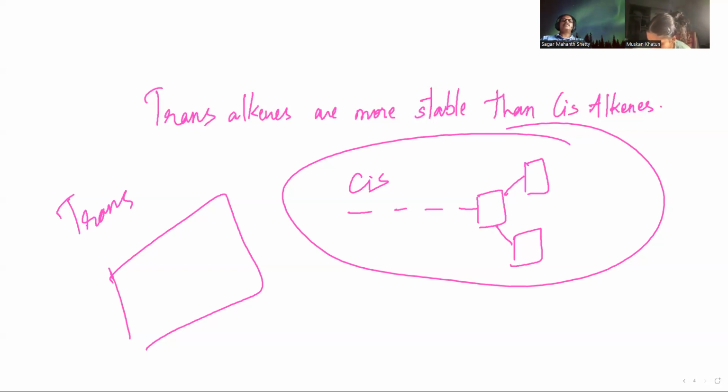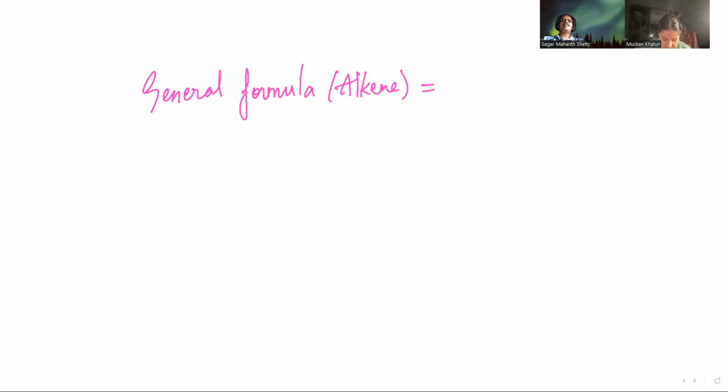Now, did I give you the general formula for alkenes? Can you tell me what's the general formula for alkene? It's CnH2n.